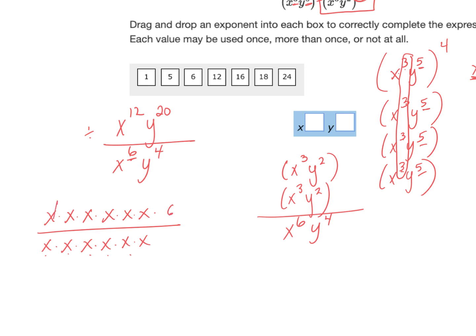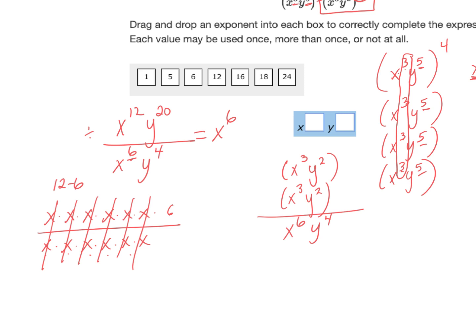Every x in the numerator cancels with one in the denominator, because anything divided by itself is 1. So when I do 12 minus 6, I get 6.